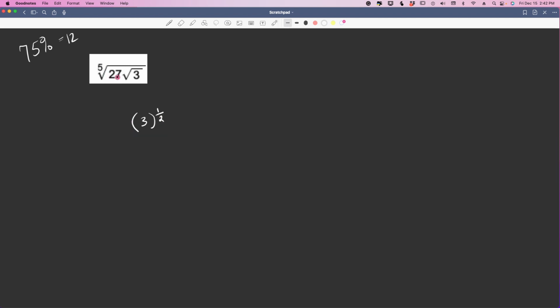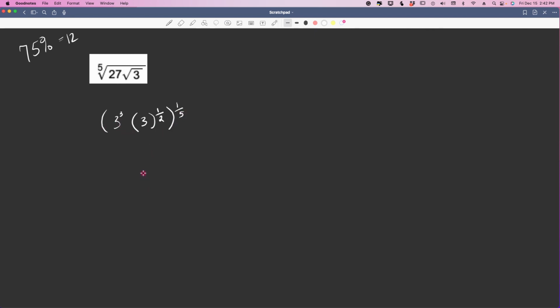We can't use 27. We need the bases to be the same in order to have that relationship. So we're going to rewrite this with an exponent. That's going to be 3 cubed, which is 27. So 27 is written once here, but it has an index of 5.